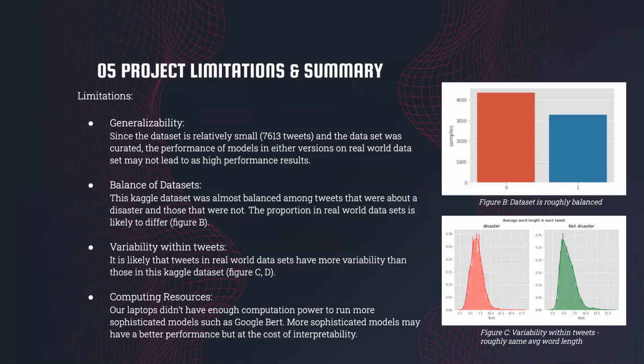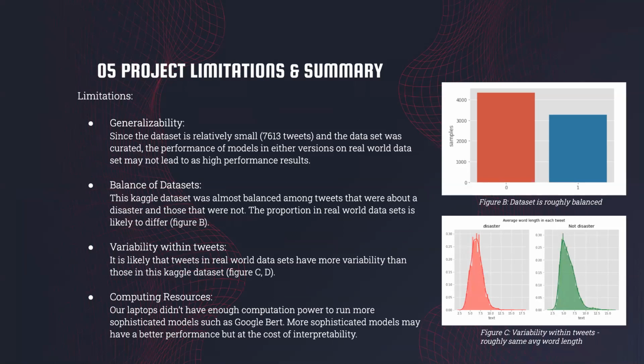Of course, our class project has its limitations, one of them being generalizability. The data set we used was relatively small, about 7,000 tweets. And also the data set was curated. So therefore, this is the data that it was trained on, so the models may not generalize well to real world data.